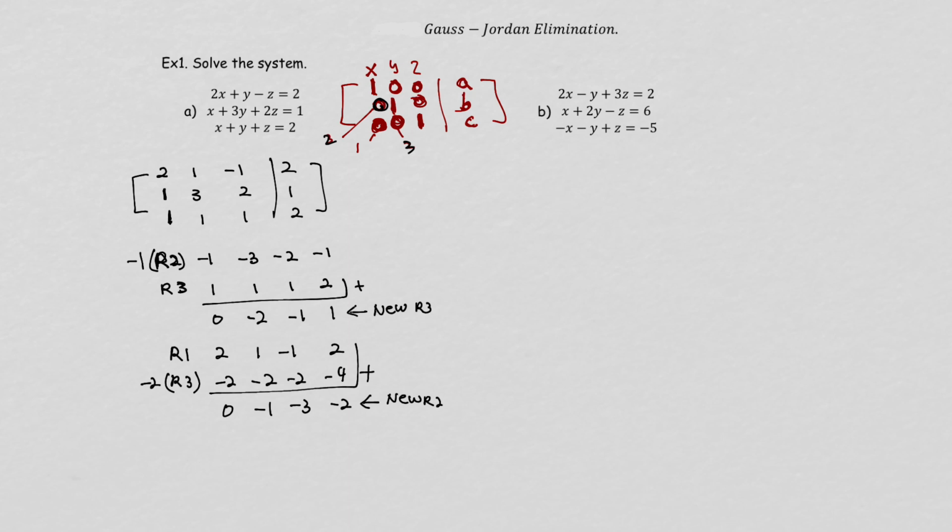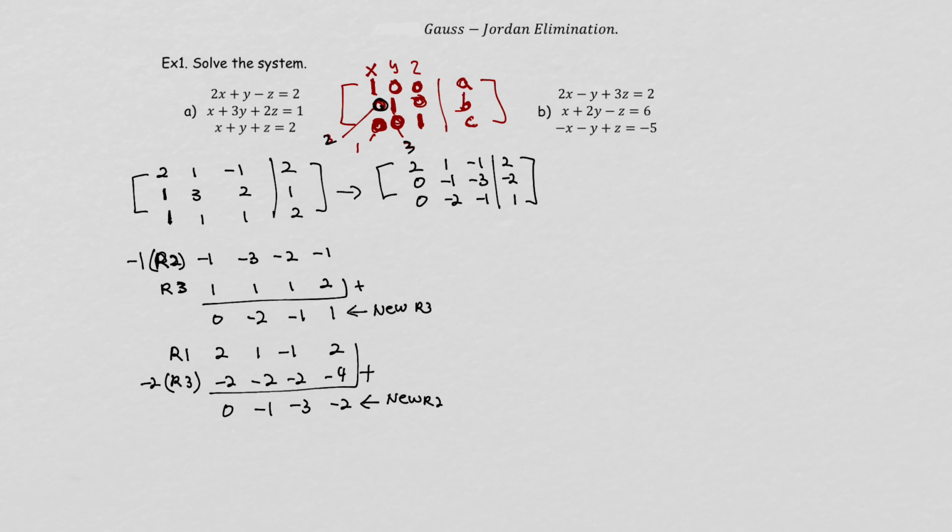So that means this matrix system now will look like 2, 1, negative 1, 2. And then new row 2 is 0, negative 1, negative 3, negative 2. New row 3 is 0, negative 2, negative 1, and 1.